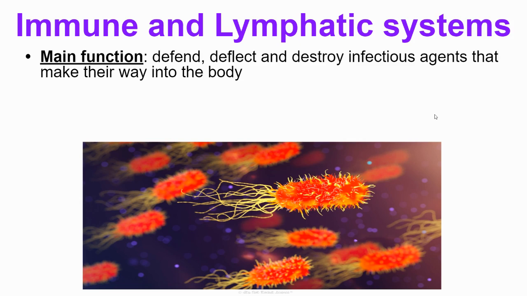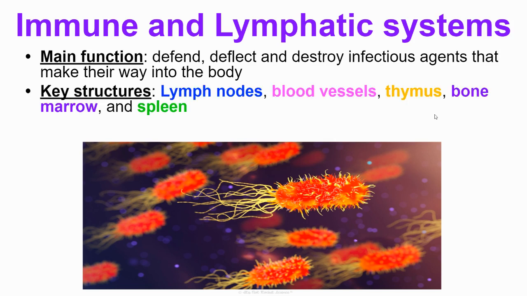I shouldn't have prefaced it in that way, because its job is to defend, deflect, and destroy infectious agents that make their way into the body. And so these things include your lymph nodes, lymph vessels, thymus, your bone marrow, your spleen. And so those are all things that are involved with this system.